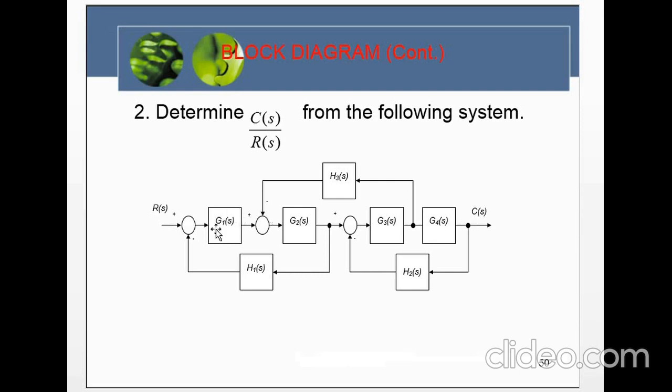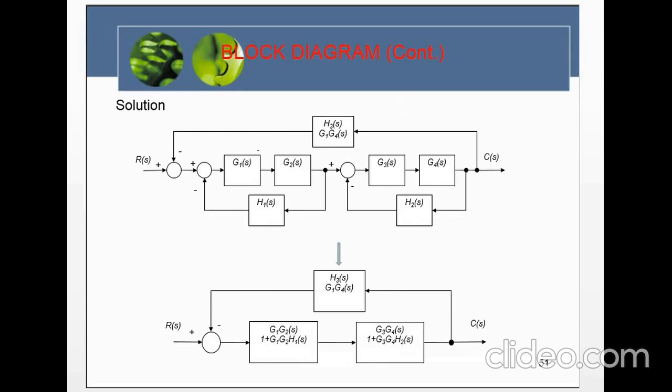Here G1 or G4 is not contained in this loop. And how do we eliminate it? It is by multiplying H3 divided by G1 G4. Okay, our block becomes like this, more simple.